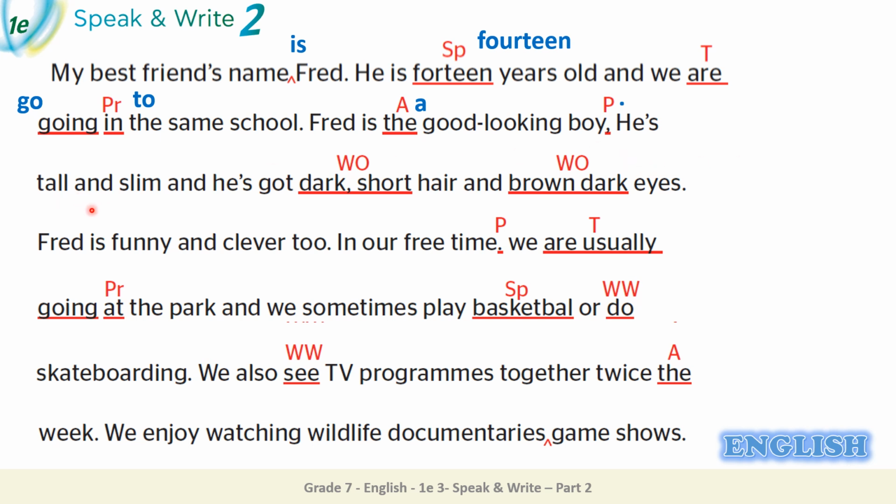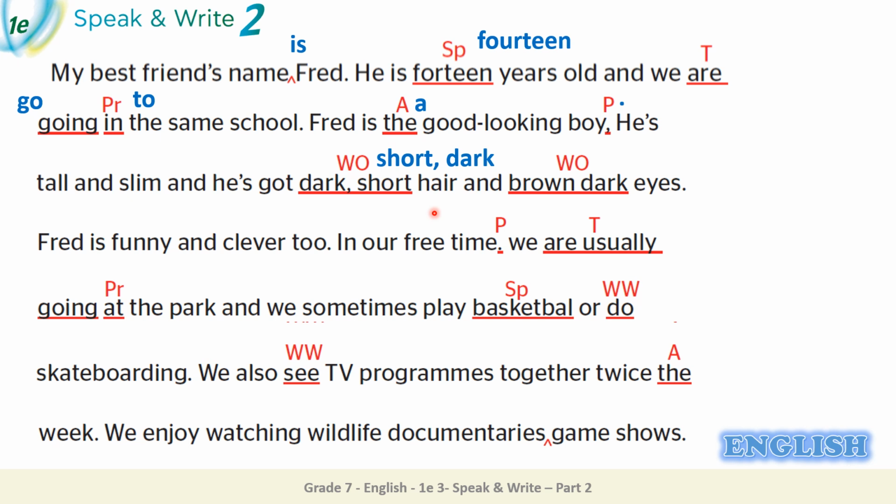Let's move to the next sentence. He is tall and slim and he's got dark short hair and brown dark eyes. Here we have the same mistake twice. WO. What is the correct answer? That's perfect. WO means wrong order. So let's put these words in the correct order.